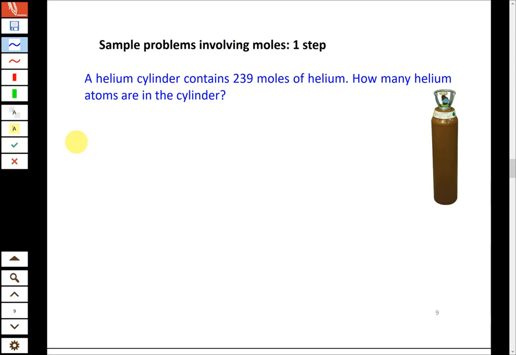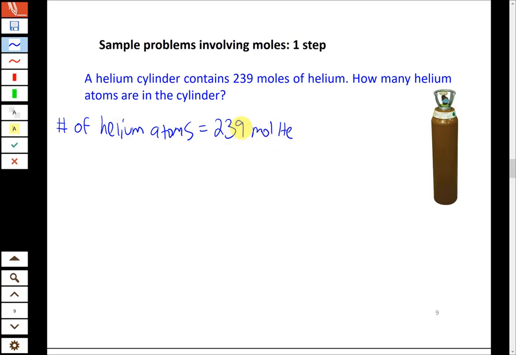So this is a pretty simple, one-step conversion. If we're looking for the number of helium atoms, the way we're going to set it up is we're going to write out what we're looking for. We've done a few problems like this, but now it's going to become the very common approach, which we call the factor label method. So I like to start out with what we're looking for, which is the number of helium atoms. We start with what we're given, which is 239 moles, and then we have to figure out which relationship we will need to convert that to the desired quantity.